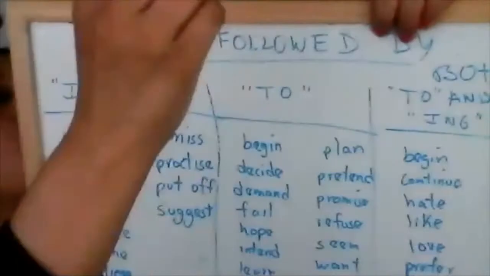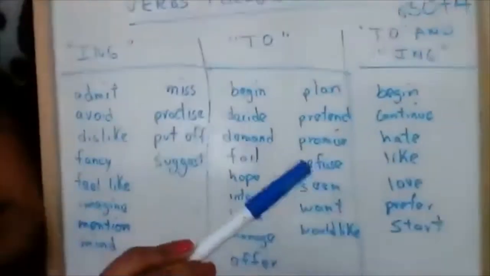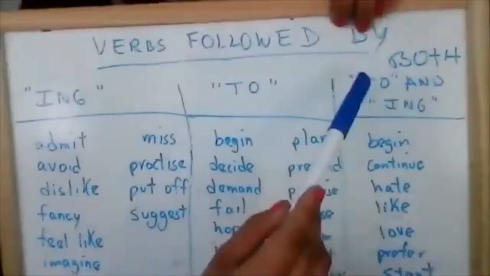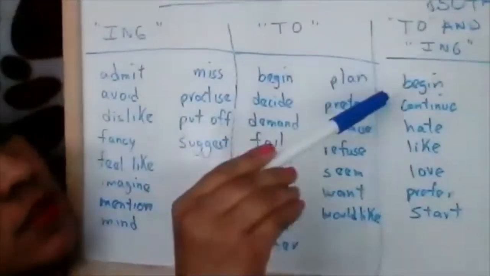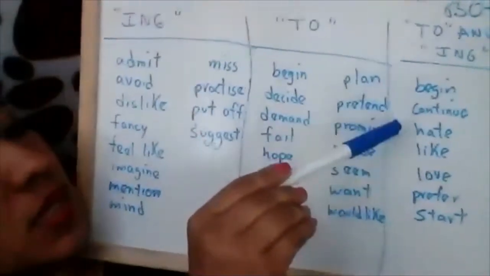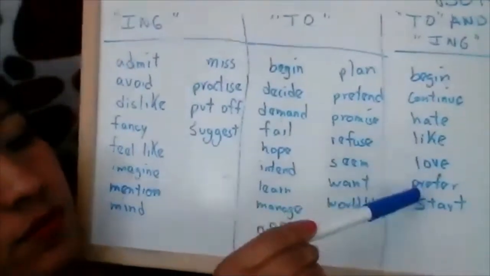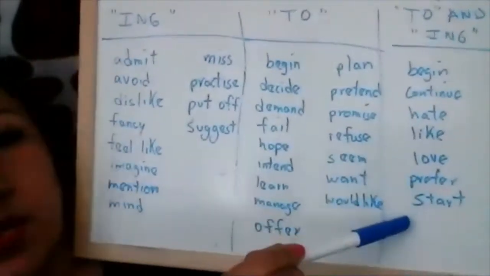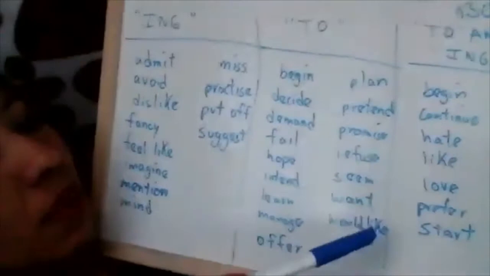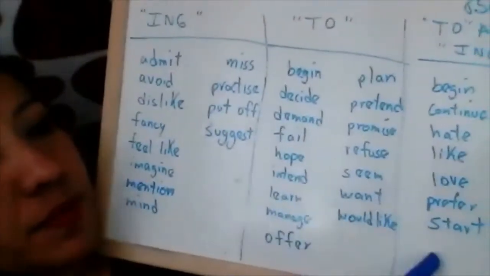What are the verbs that follow by to and ing? Begin, continue, hate, like, love, prefer, and start. Okay? These verbs you can use by to or ing.